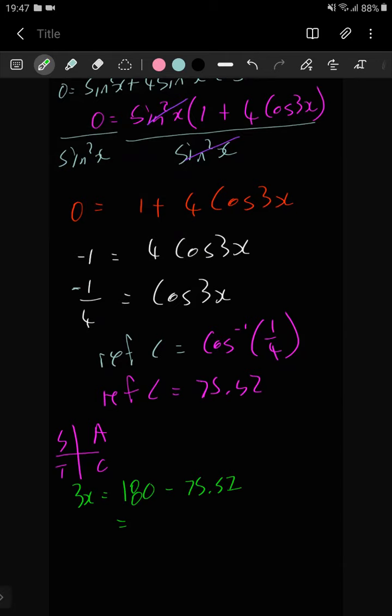75.52. This is going to give us like 104.48, right? And then divide both sides by 3. We're getting 34.83.